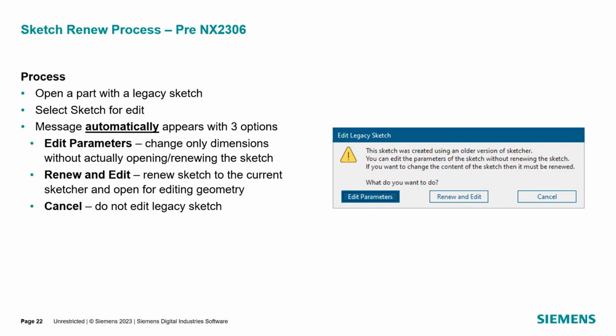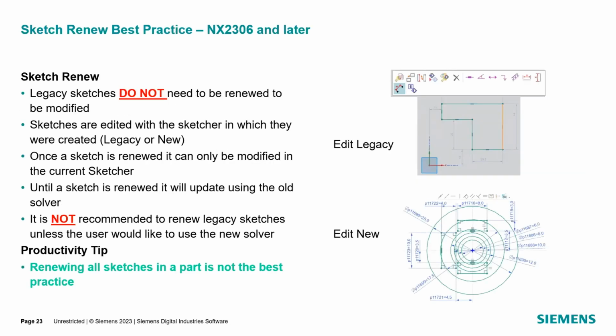This automatically came up when you selected on the sketch. There was no way to turn this off. It came up. That was how you worked with it. So starting in the 2306 and later releases, that menu has gone away. We're not going to force you into that role. What we're actually allowing you to do is you don't have to renew that sketch. If you're fine with what was there, you can actually edit the legacy sketch, and it will actually take you into the legacy task environment.